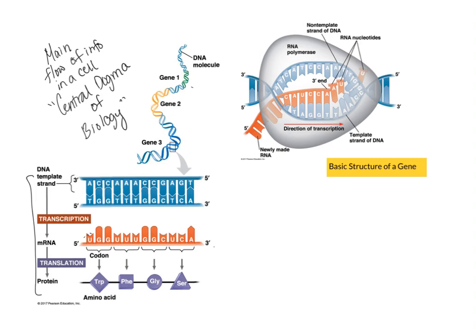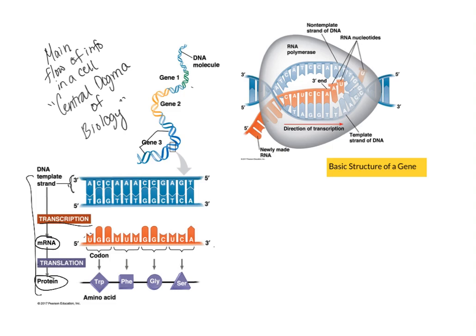The idea is that if you have a gene, such as gene 3 here, that stores information to make a particular protein, that DNA can be used as a template to be transcribed through the process of transcription into an mRNA molecule, that then can be translated into a protein, all right?